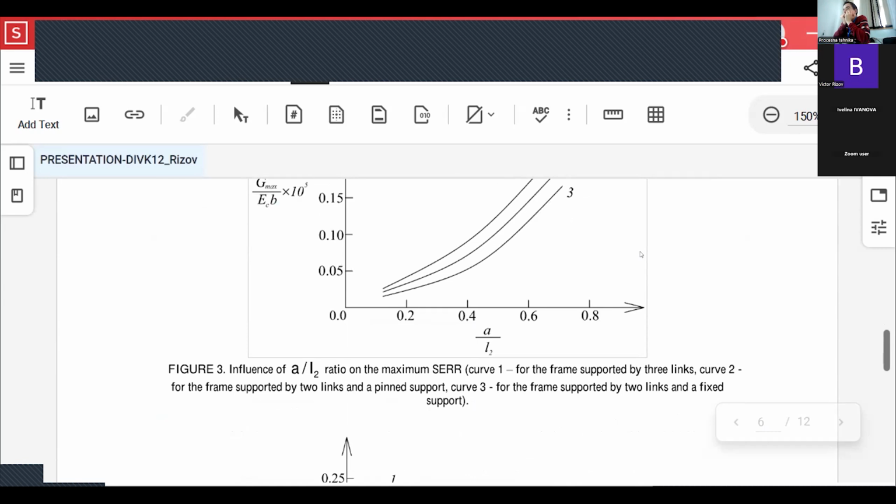For all of the supporting conditions considered here, as the A to L2 ratio grows, so does the maximum strain energy release rate. The curves in figure 3 again show that the maximum strain energy release rate reduces when the supporting conditions change from this in figure 1a via this in figure 1b to that in figure 1c.